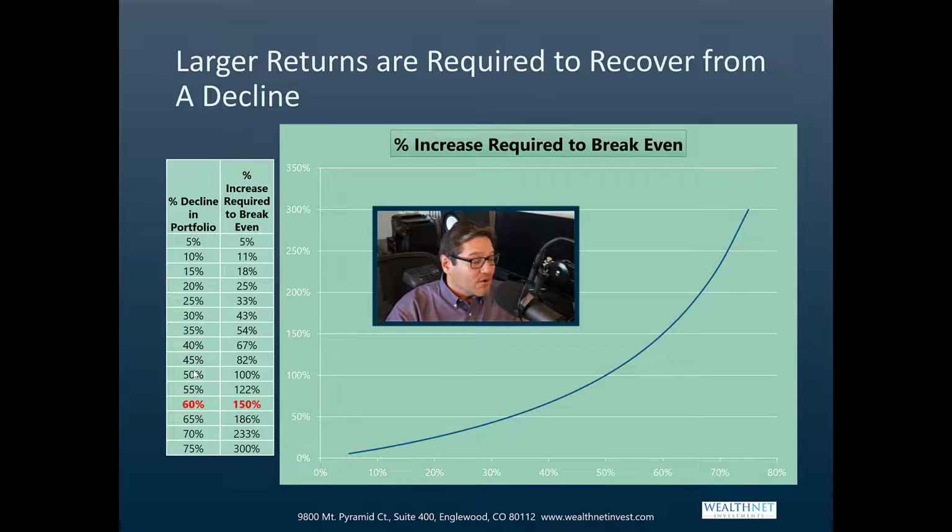That's why risk is so important, especially if you are getting closer to retirement, or if you have to look at what your liabilities are against your portfolio, as an individual or as a pension or whatever type of management you're dealing with.